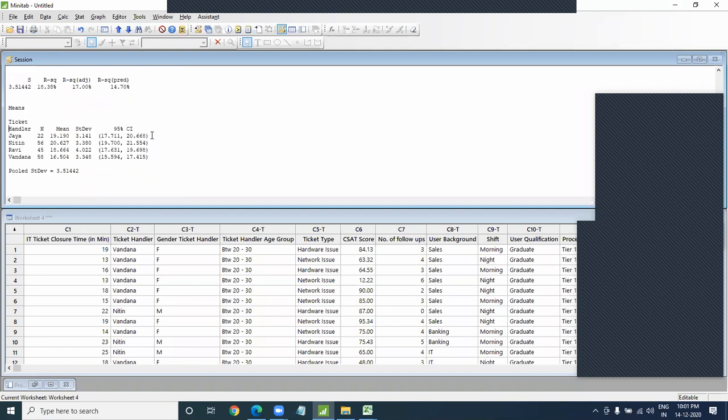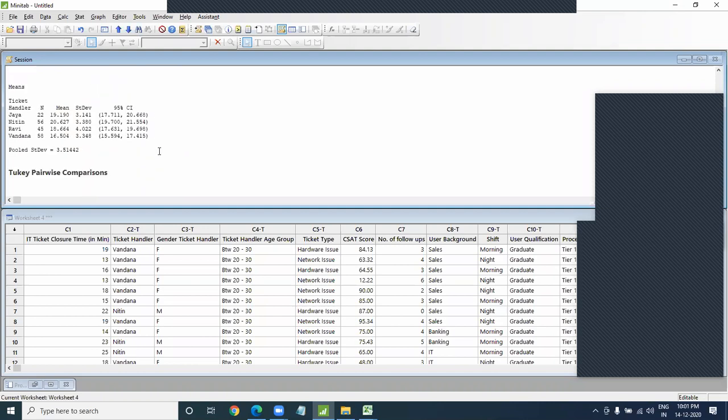Let's scroll down. We'll have some evidence here, and we'll also look at Tukey, but let's understand it from here itself. Jaya has 22 data points in this sheet, with an average of 19.9 for these 22 samples.